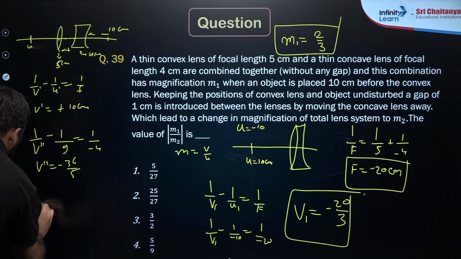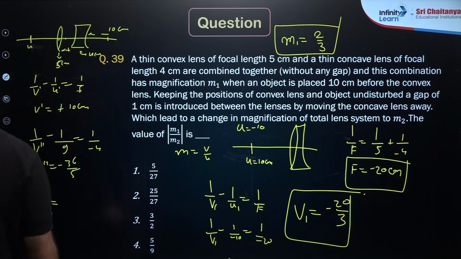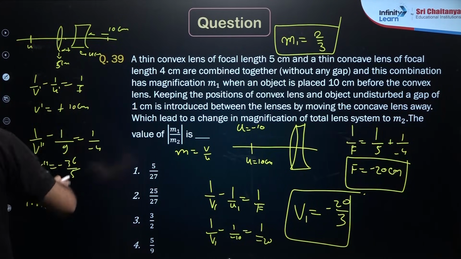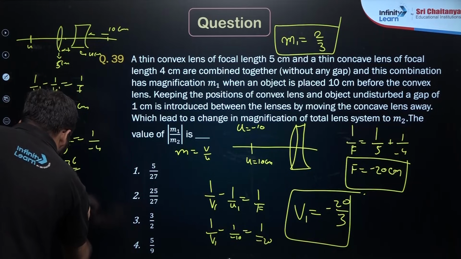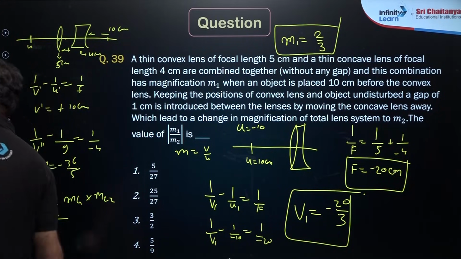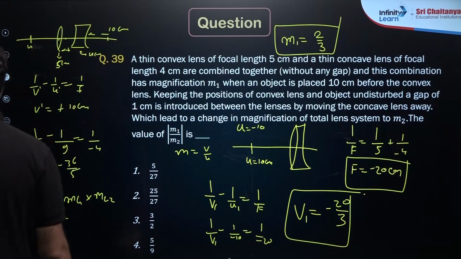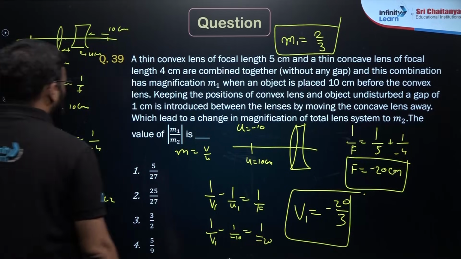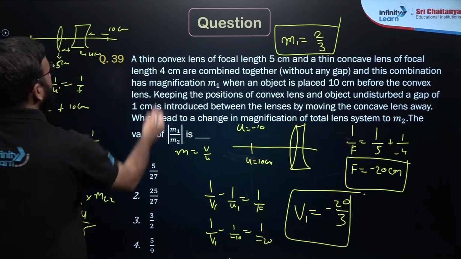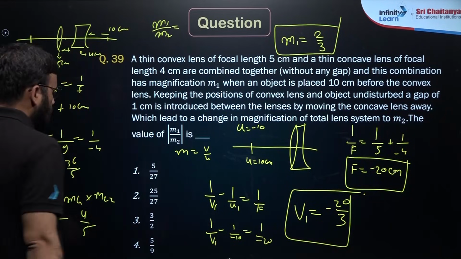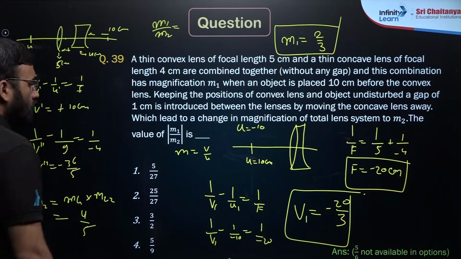So M2 equals to the first one V upon U, and the second one is multiplied by this one. So this ratio you can get, I will directly write here, that is 4 by 5. And this M1 by M2 you can take, I will write here M1 by M2. So this value you can get 5 by 6.